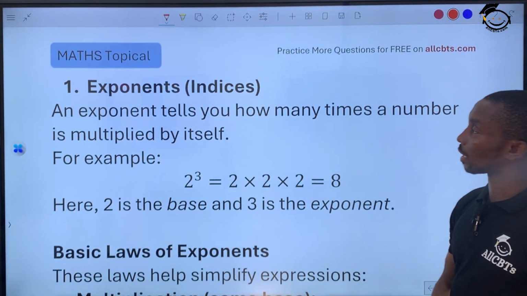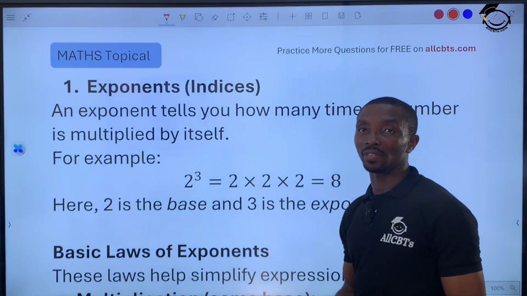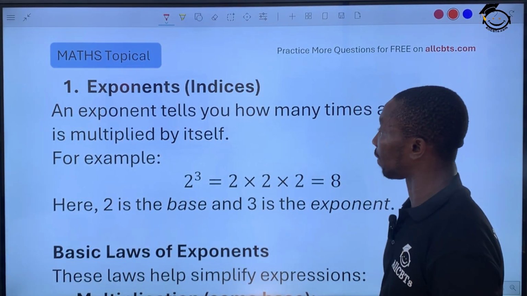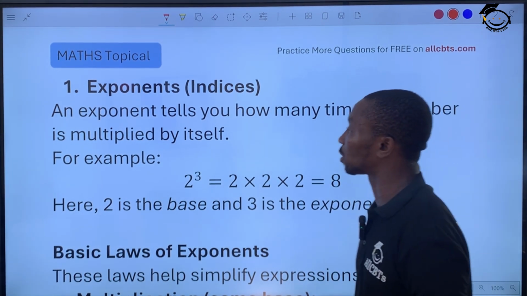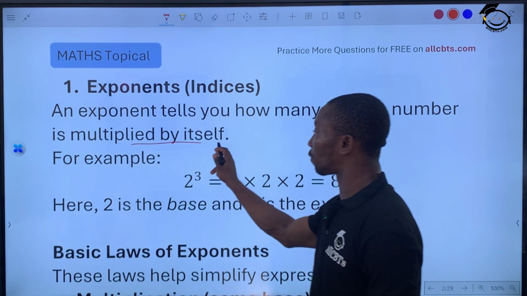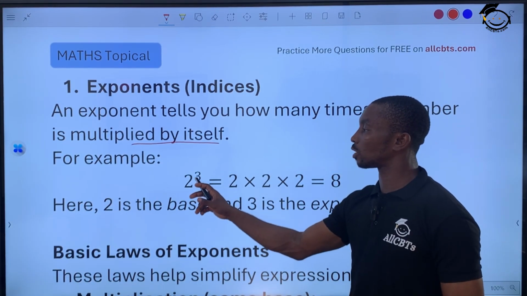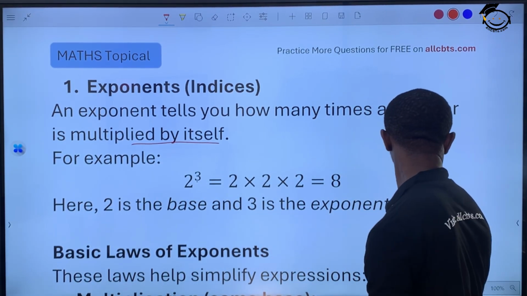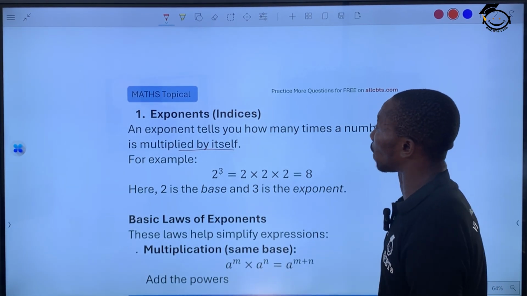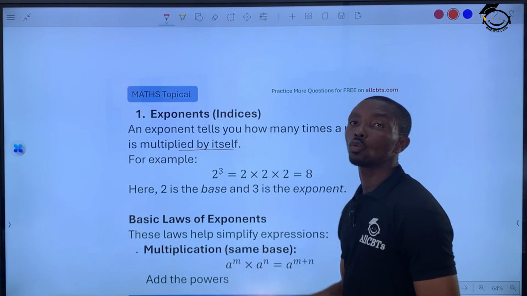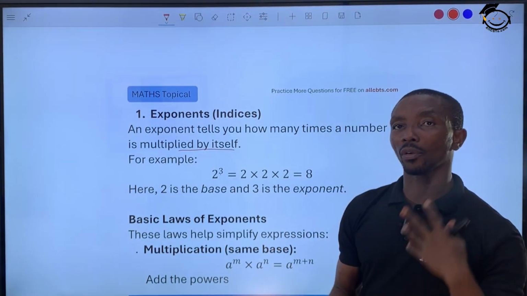Now, let's look at exponents, also called indices. All right. Now, an exponent tells you how many times a natural number is multiplied by itself. Okay. Now, an example is 2 raised to power 3. Okay. 2 raised to power 3 is 2 multiplying itself 3 times.